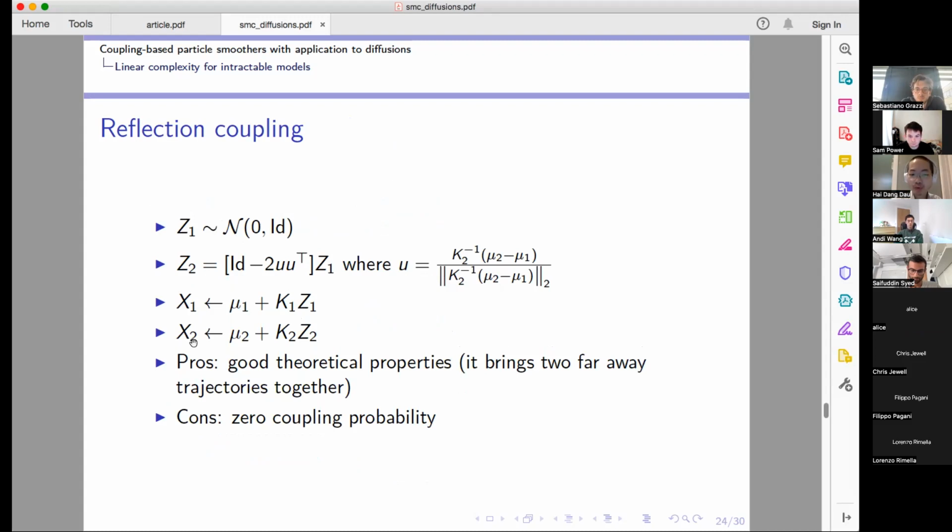The good part is that you have good theoretical properties. If you use it for your discretization, it can bring two far away trajectories together. The problem is that you have a zero coupling probability at each step.